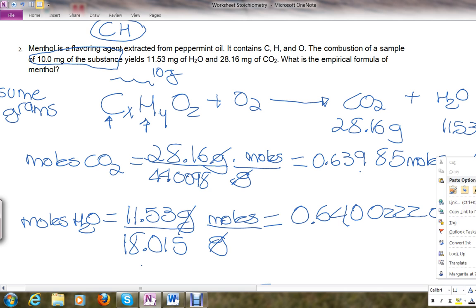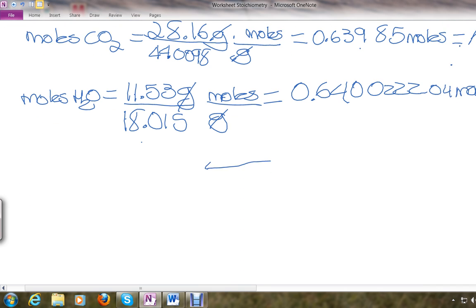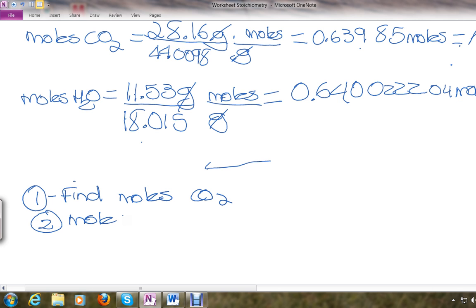We have the grams of carbon and hydrogen. Let me write a solution map. The first thing is find moles of CO2. Okay? 2. Moles of CO2 is always equal to the moles of carbon. 3.